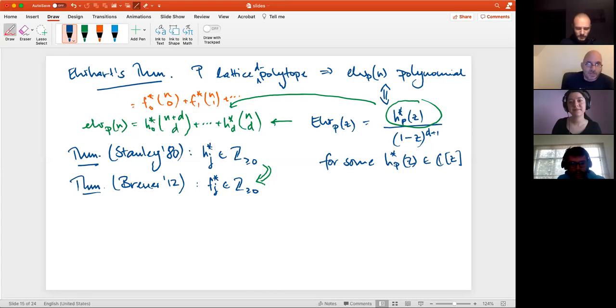Okay, let me maybe mention one more thing. I will really not stress this much, but there's a beautiful reciprocity theorem here. This is what's called Macdonald reciprocity, proved in 1970.